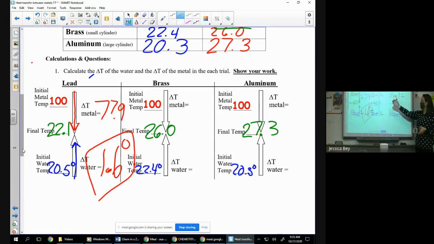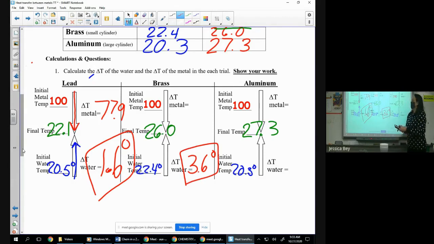Let's try the next one. Hopefully you can figure out what we're doing. We're just taking the differences of these two numbers. The brass warmed up my water. Let's do 22.4 and 26. 3.6 degrees. And my brass cooled down 74 degrees. Does everybody see where I'm getting these numbers from?